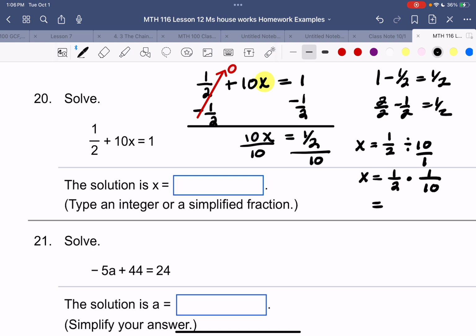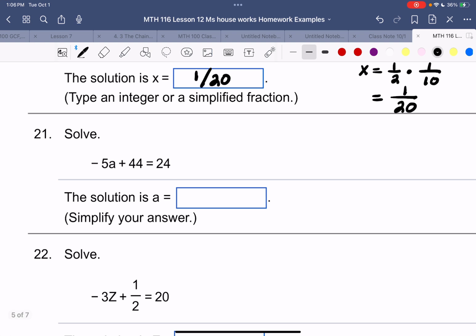So that's going to give me 1 over 20. Okay, you've got to follow those rules for fraction division. And a whole number 10 is 10 over 1. I flip it, it becomes 1/10. Remember, it's change, flip. Change divide to times, flip 10 to 1/10.